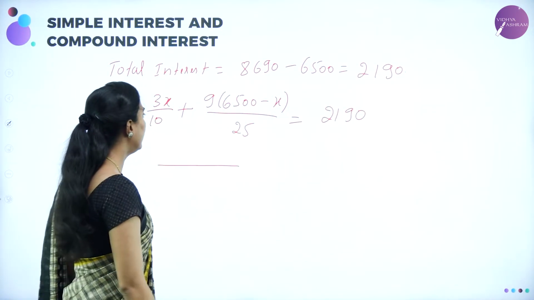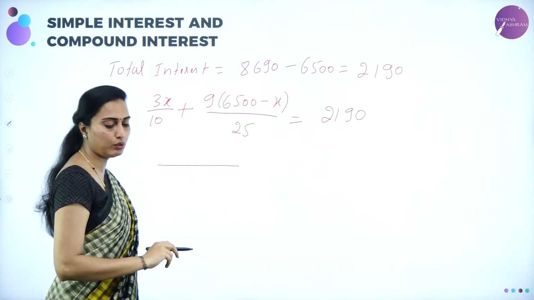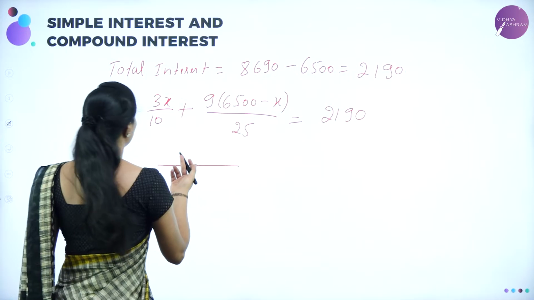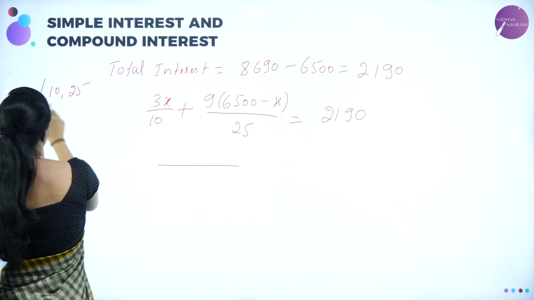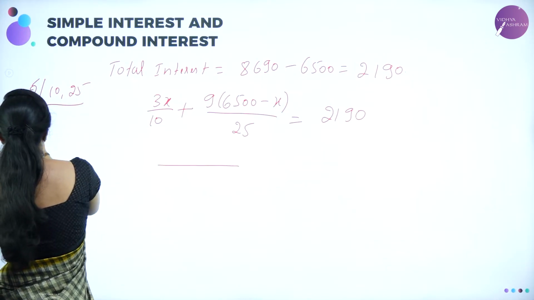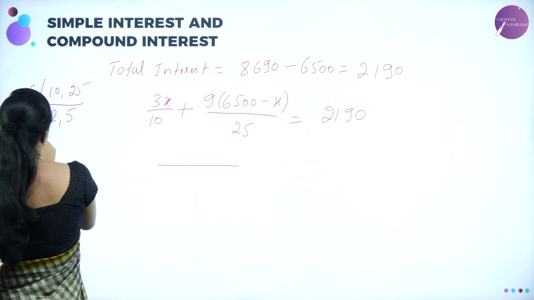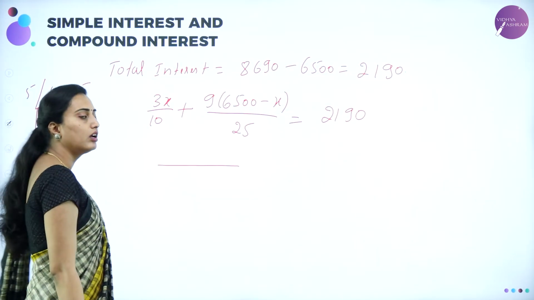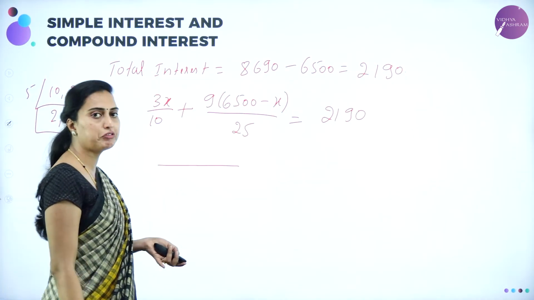You can take the LCM. You can calculate 10 into 25, which is 50, because it is divisible by 5. 2 5s are 10, 5 5s are 25, 5 5s are 25, 25 2s are 50.